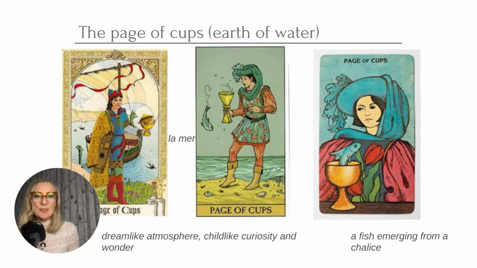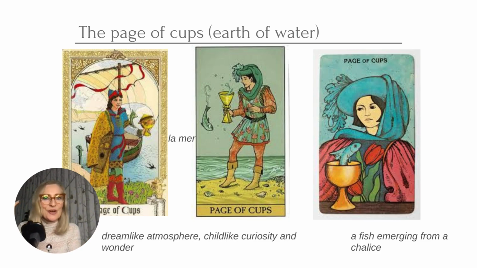And so we can see the Page of Cups in the first 2 examples on the land, but very, very close to the sea, so at the shoreline. And we've got this fish either in the cup or leaping into or out of the cup, and the page is in some way interacting with it.